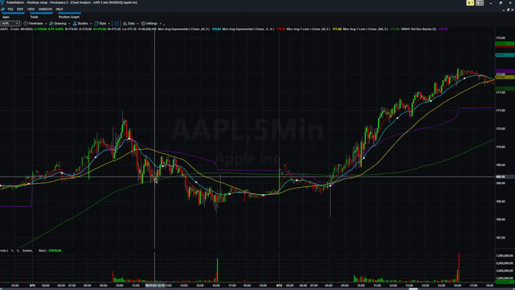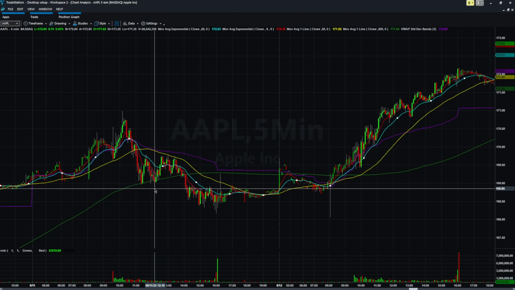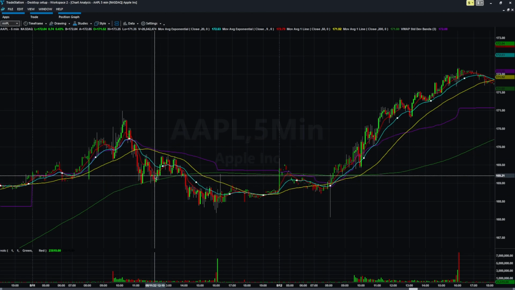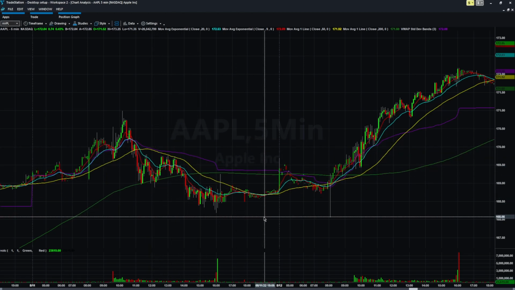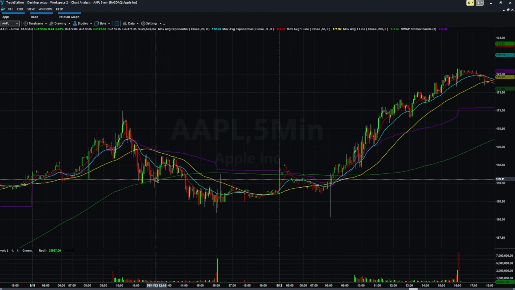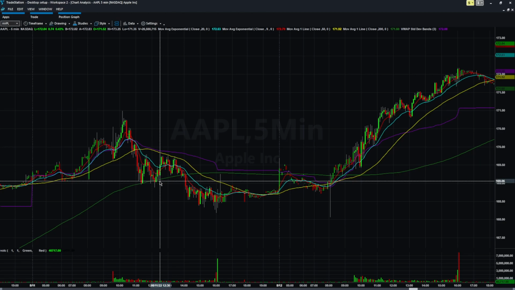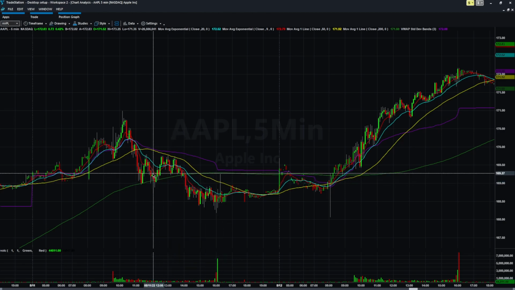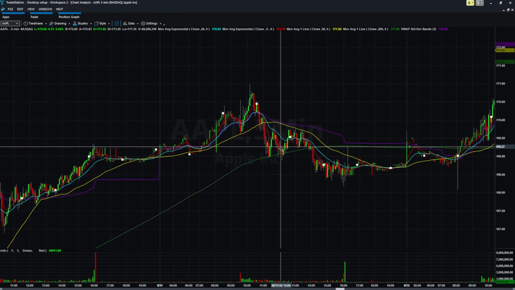This looks like Apple's about to break down, but it ends up hammering back up and continuing. It did eventually break down. But if you get wicked out right here, you can always re-enter if the level holds. But if you're stuck under PDT, it's a little harder. And you have to be a little wider with your stop losses, which is unfortunate.